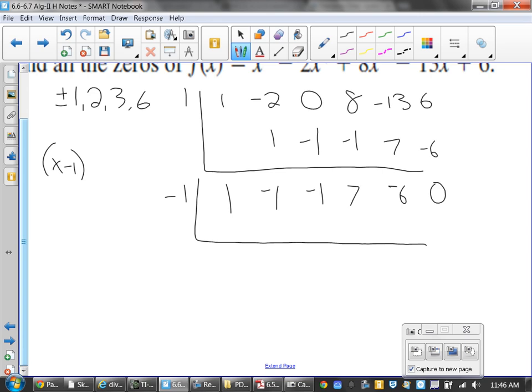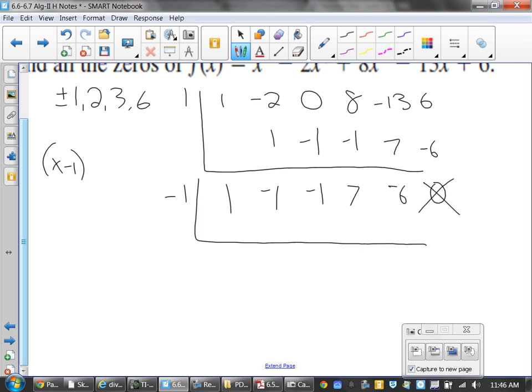Notice what I'm doing here is I'm reusing where we left off. I left off here because it's at a 0, so now I'm just going to start with negative 1 because that's the next possible zero on my list. Because we've already taken out the positive one, now we're going to see if we can take out the negative one.